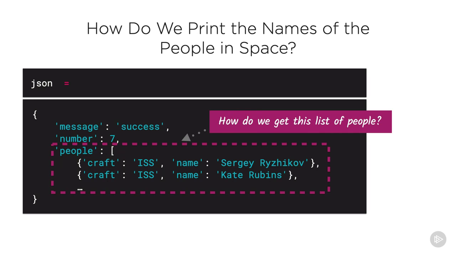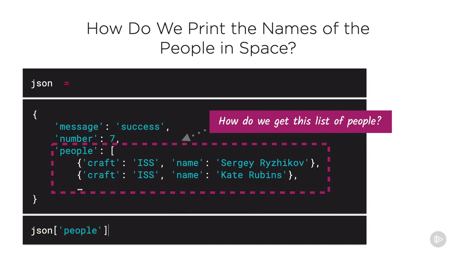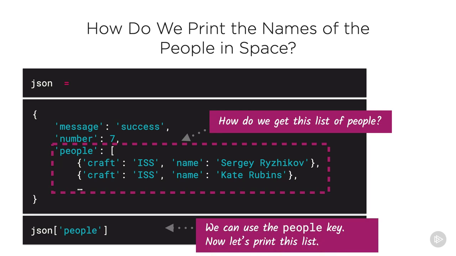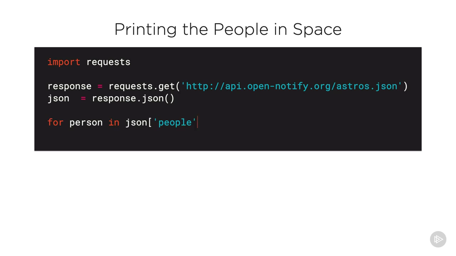We can start by trying the people key that points to that list of people dictionaries. Let's print that list and see what we get. We'll use a for loop over that list by using the json variable with the key people. Then the loop variable will be called person. Then inside the loop, we'll print each person.